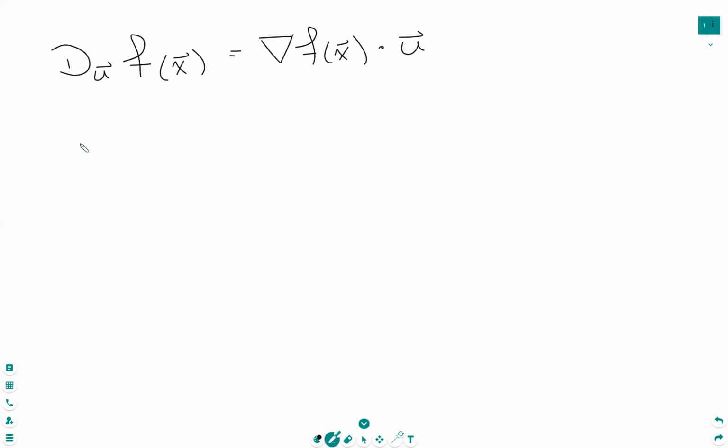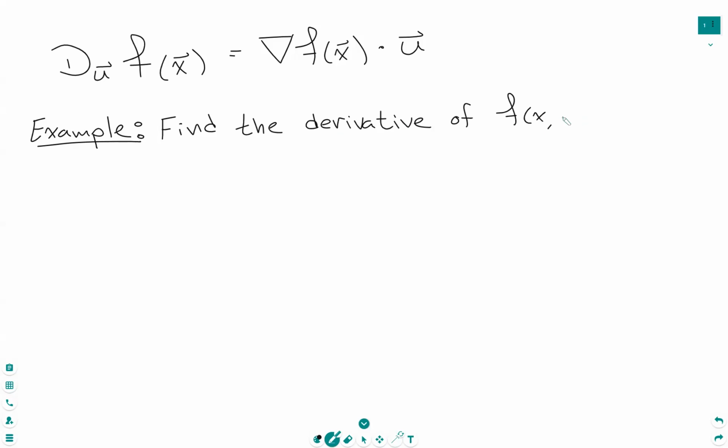Okay, so let's start off with an example. We're going to find the derivative of this function f that's equal to x cubed minus x y squared minus z.